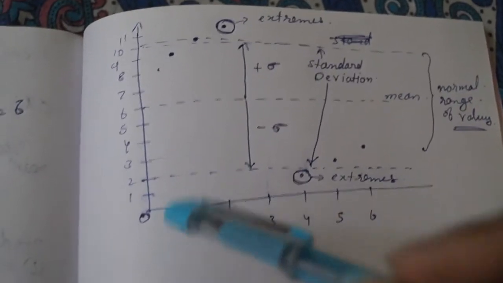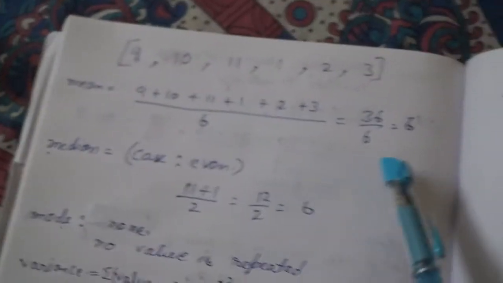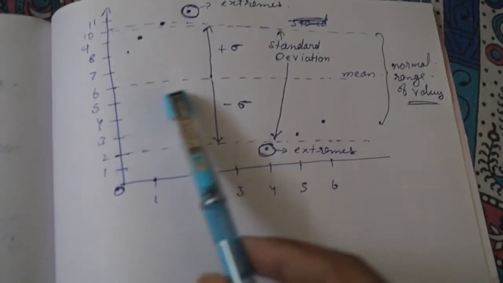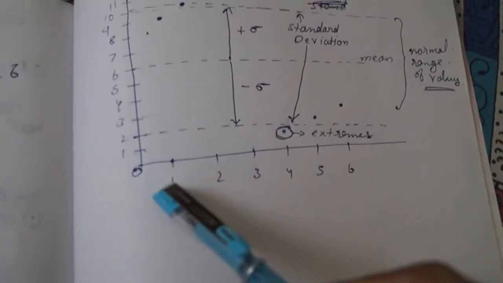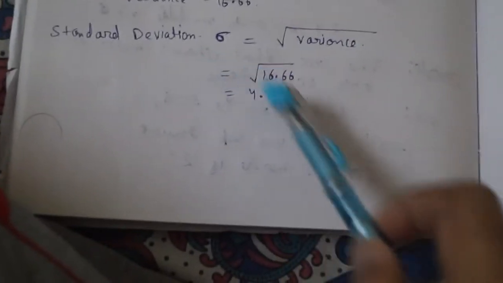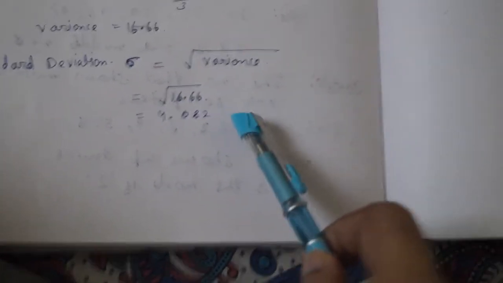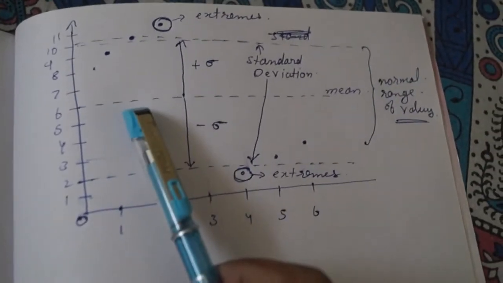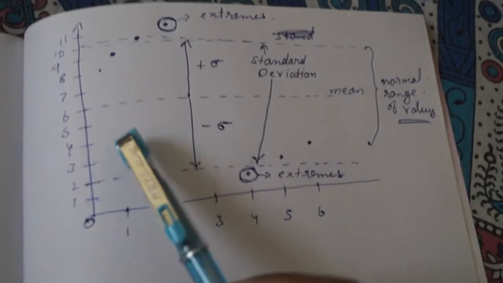Okay, then we will draw the mean line. So the mean we have calculated is 6, so first we will draw the mean. Then we have found the standard deviation, which is 4.082. So from this mean we will draw the standard deviation.